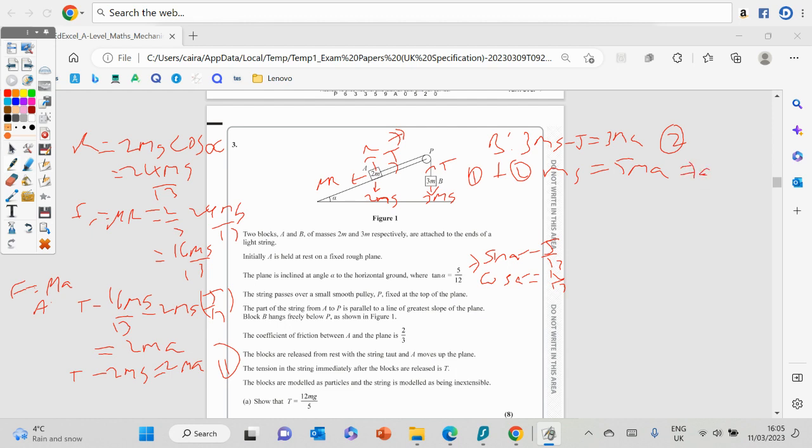So I get my acceleration to be g/5, which I can then sub in the other one, to be T being 2m times by g/5, plus this 2mg to the right hand side using equation 1, which will give you 2m times g/5, which is 2/5, plus that'll be 10/5. So 10/5, 2/5 gives you the 12mg/5 is required.